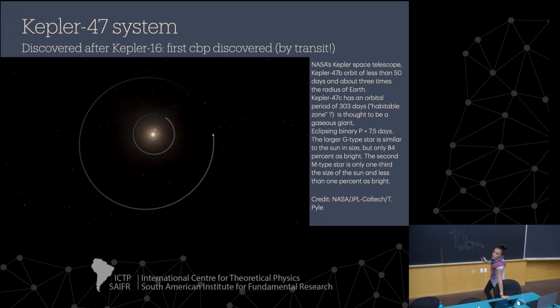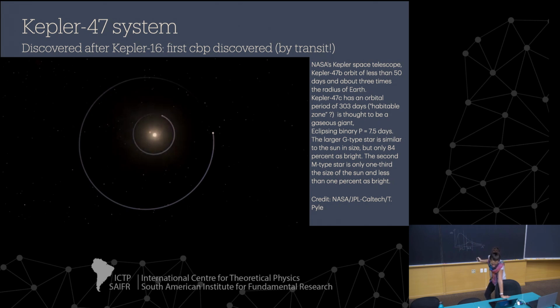Ideally it is in the famous habitable zone, but it's thought to be a gas giant. And then we have B. Sorry, I can't read the other side. Okay, so B is on the inside because it's less than 50 days, and then you have C that is 303 days indeed.